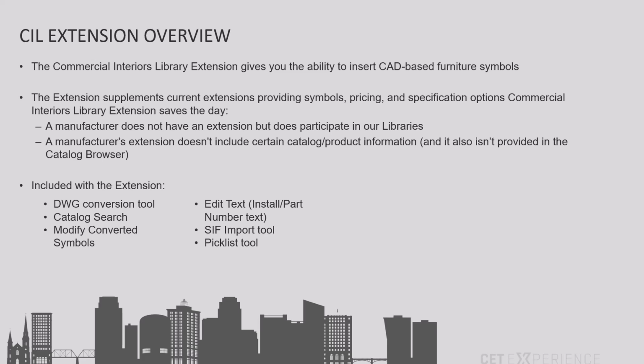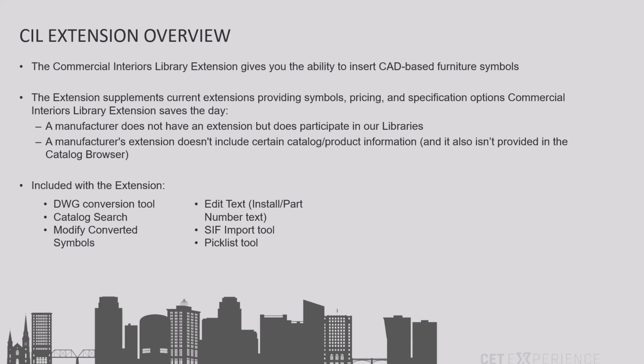Included with the Commercial Interiors Library extension, we do have a DWG conversion tool, so you can import an AutoCAD drawing with AutoCAD symbols and then convert these symbols into three-dimensional symbols for space planning. You can search using either the part number or catalog description using that catalog search.